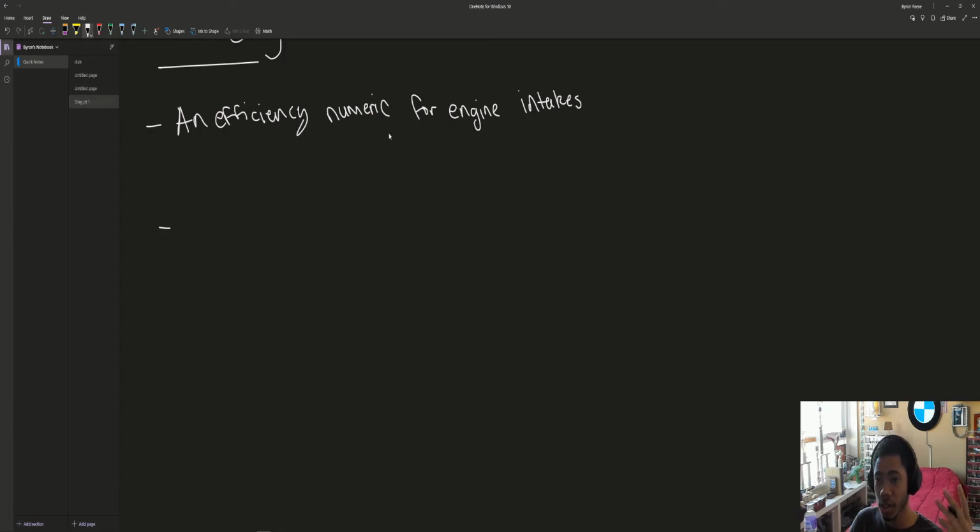There's efficiency ratios for your combustor, for your condenser, for your turbine, for your burner, and all these things rely on what velocity of air they are getting. And so as the air changes within the opening of the intake, you may not get as much thrust from your engine.